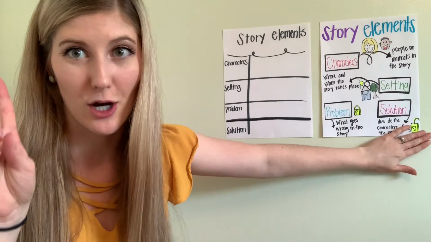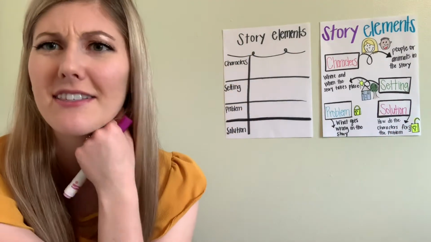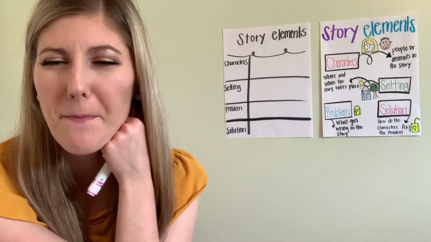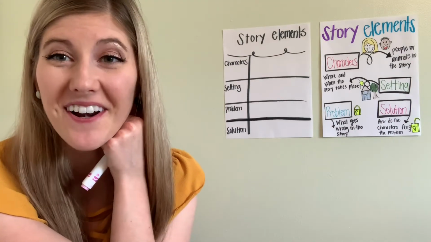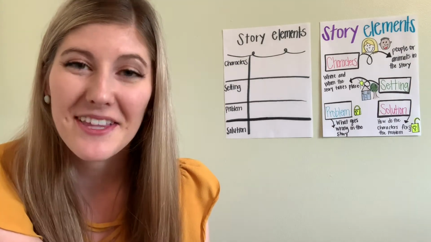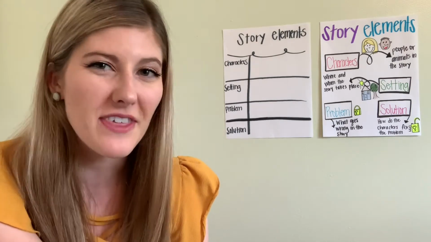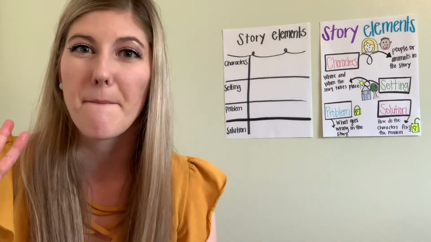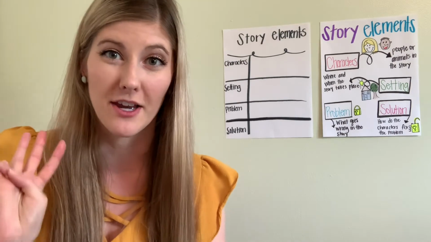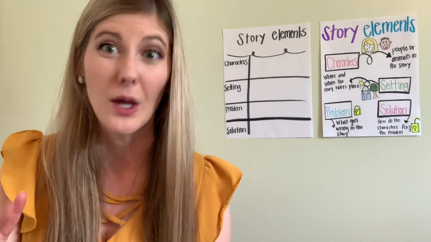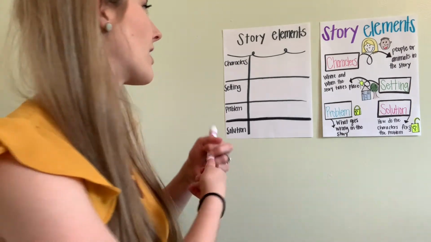So we're gonna start with the characters. Now, were the characters in Froggy Gets a Doggy people? They weren't. What were they? They were frogs. Can you think of the three characters that popped up a lot in our story? Froggy, he was our main character.